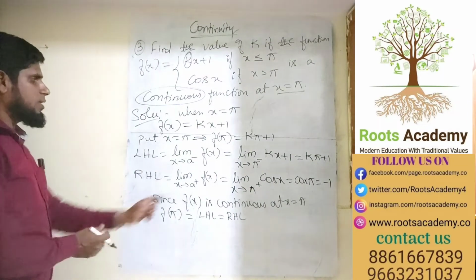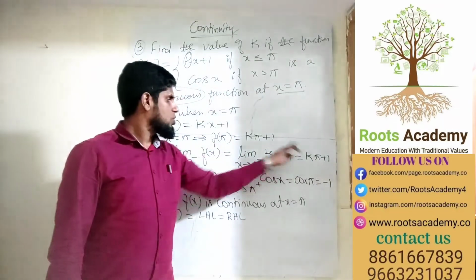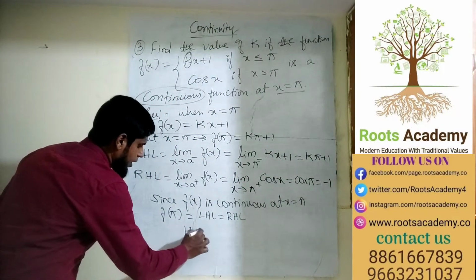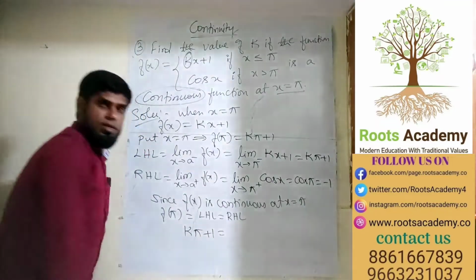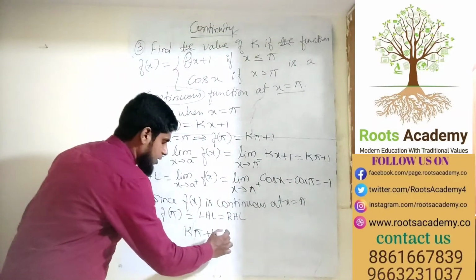So f of pi is here, and the left hand limit is also equal to that, so I will take only one. k pi plus 1 is equal to the right hand limit, minus 1.